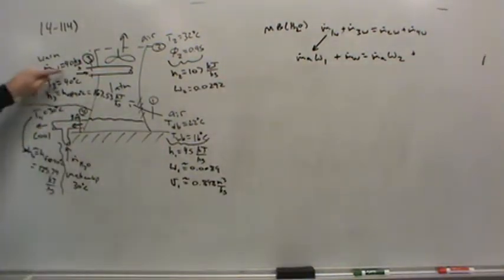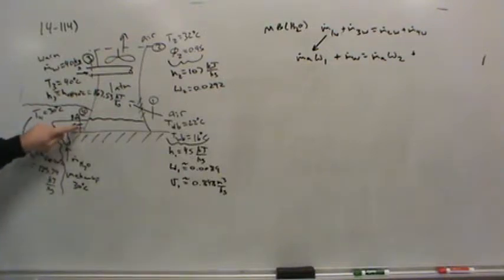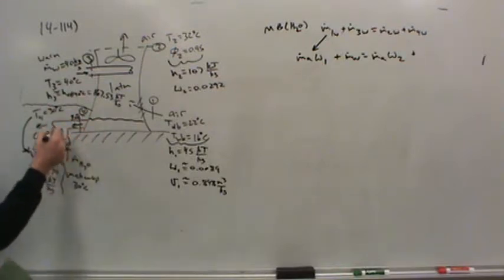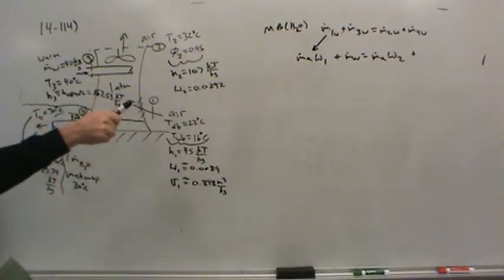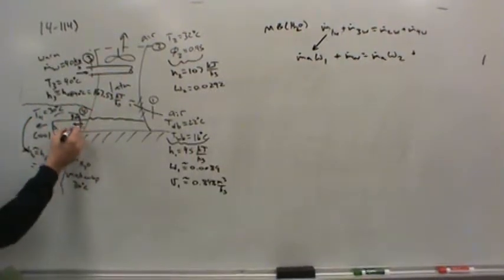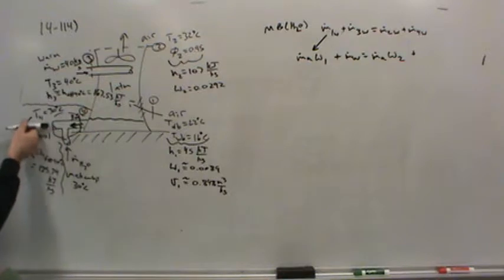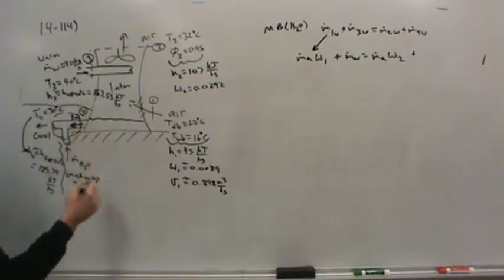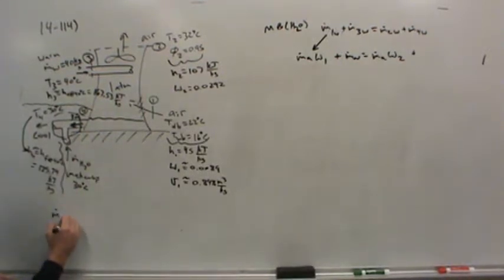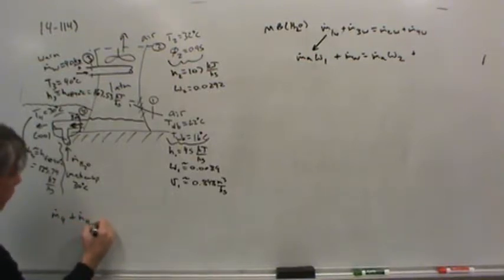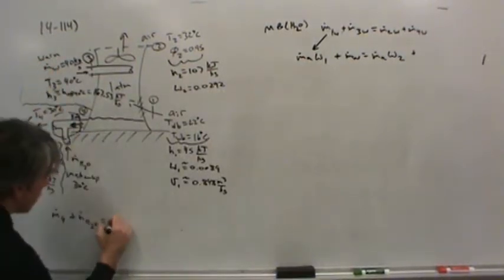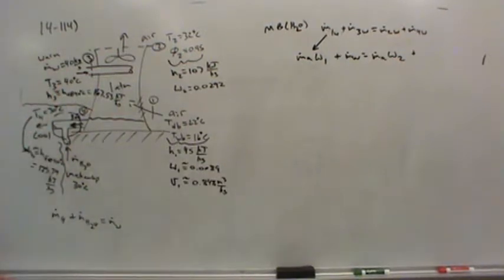What's coming out here is 40 kilograms per second. Well, what's coming out here is slightly less. So what I did is I said, if I look at a mass balance on this section, the mass flow rate here, which is what I need, is equal to this mass flow rate minus this. In other words, if this is really state 4, then the mass flow rate in state 4 plus the mass flow rate of the makeup water equals the 40 kilograms per second.